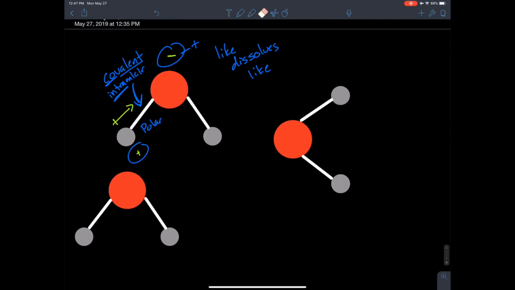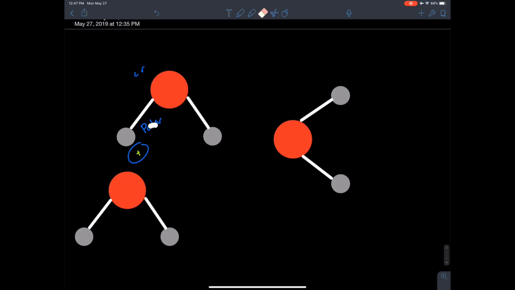Now, what is happening between separate water molecules? If this hydrogen again is positively charged and this oxygen is negatively charged, what happens when you have a positive and negative charge near each other? They attract. So you get this interaction between hydrogens and oxygens of different water molecules.